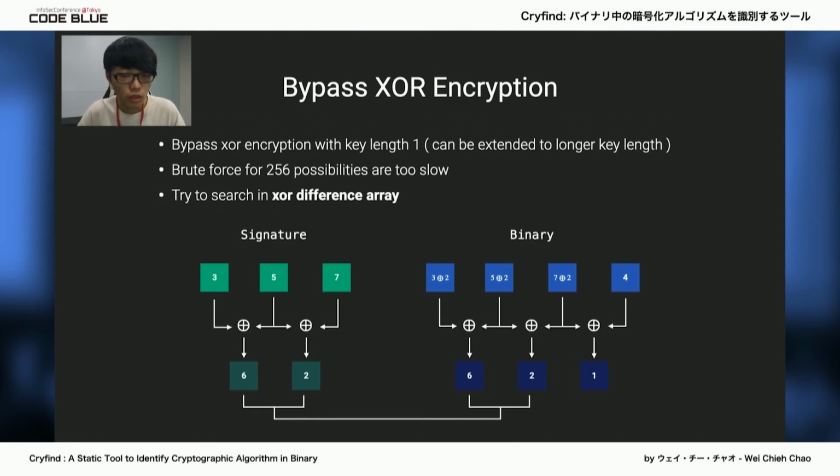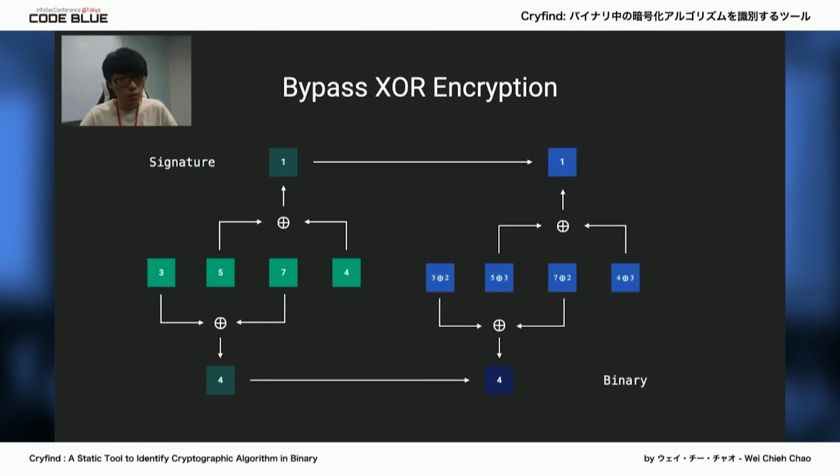We can't find them with normal search. But if we XOR the adjacent bytes, then the signature becomes 6 and 2, and the binary becomes 6 and 2 and 1. And we see that the 6 and 2 appears. So we can simply search in this XOR difference array, and we can find the signature in the binary.